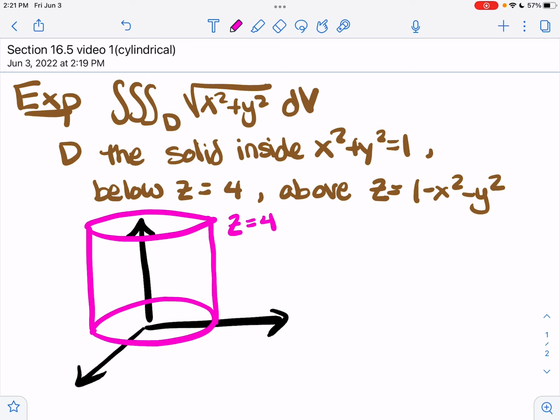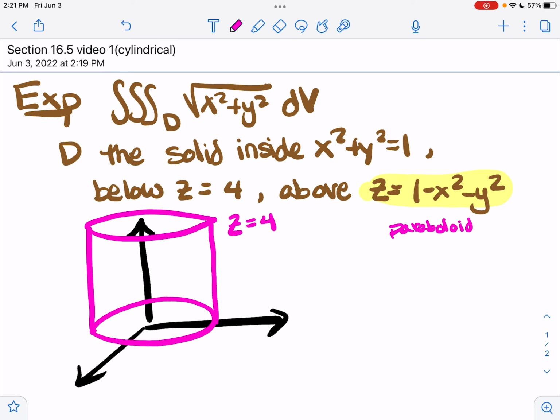So we're below that, and above this thing here, well, what is this thing? That is a paraboloid. We know because the x and y are squared and have the same sign, and the z is not squared. And because the x and y are negative, it's a paraboloid that's opening downward.